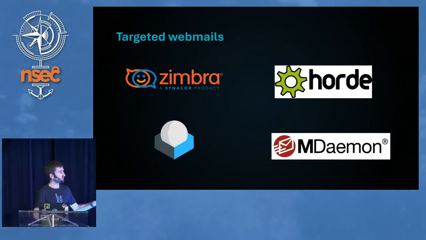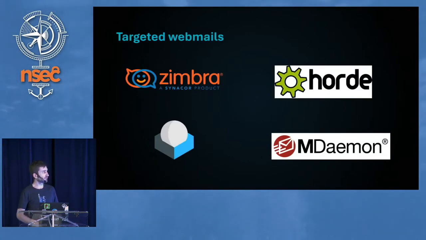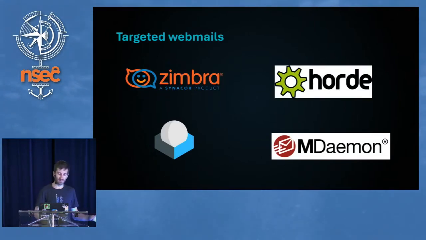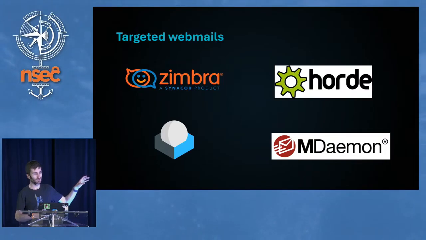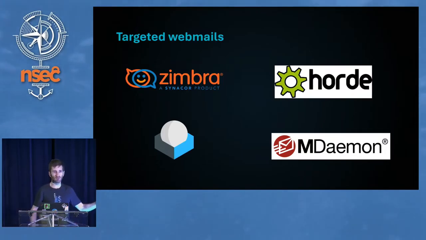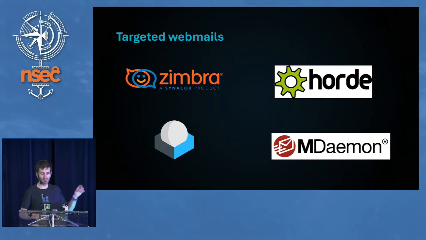During our research, we found that they were targeting those four different applications: Zimbra, Horde, MDaemon, and Roundcube. As I mentioned earlier, those applications need to be installed on-premise on the mail server of the organization. So they are not targeting those companies, but organizations that are running those products.